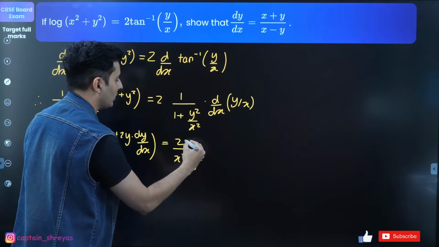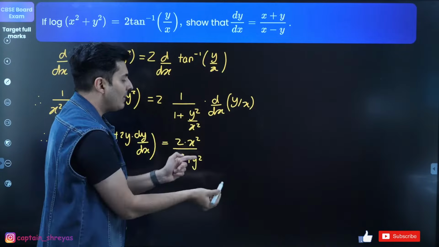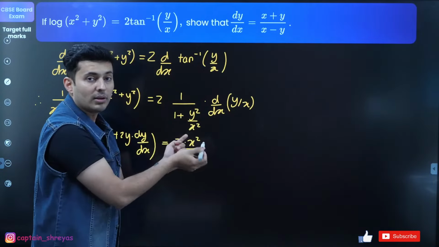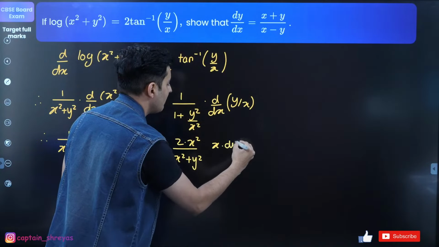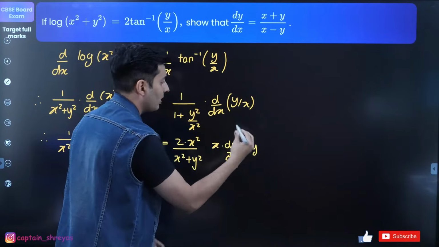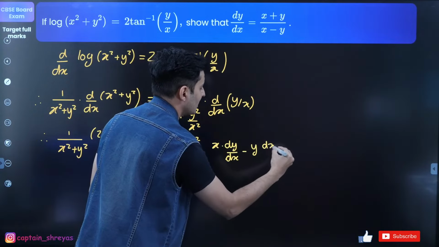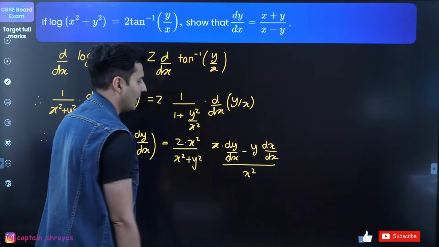Take that x square on the top, so it will become 2x square, okay? Now what is the derivative of y by x? Use division rule, u by v rule. So v du by dx, so x into dy by dx, okay, minus y into dx by dx, which is basically 1. The whole thing divided by denominator square.